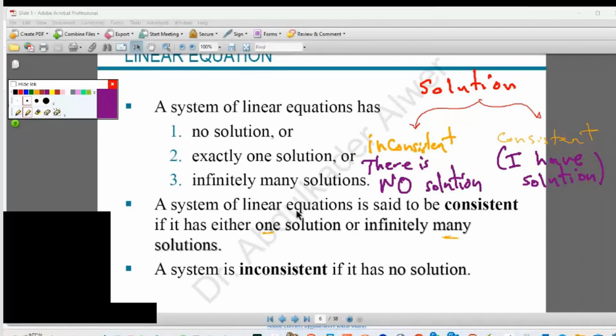So again, for a solution we have either consistent, I have a solution, either one or many, or inconsistent if I don't have any solution, or the system hasn't any solution.